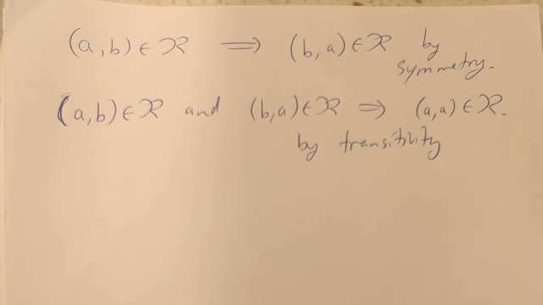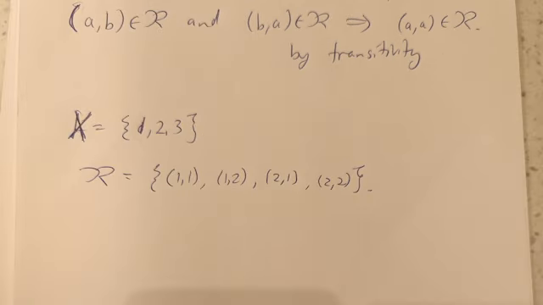Let's say X is the set {1, 2, 3}, and let's take R to be the relation {(1,1), (1,2), (2,1), (2,2)}.